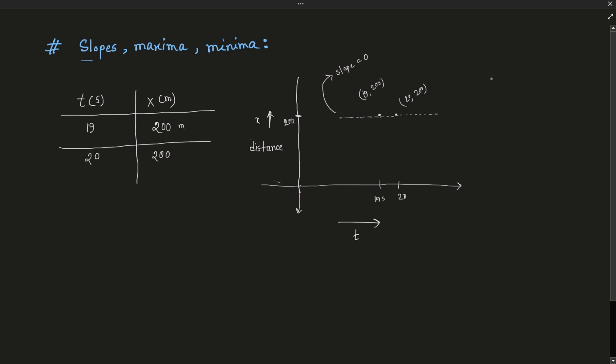If we calculate, slope is equal to del x by del t, which is 200 minus 200 over 20 minus 19. So it will be 0 by 1. So we are seeing that there is no rise in x here.